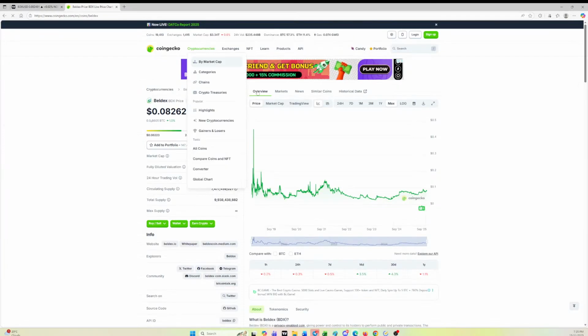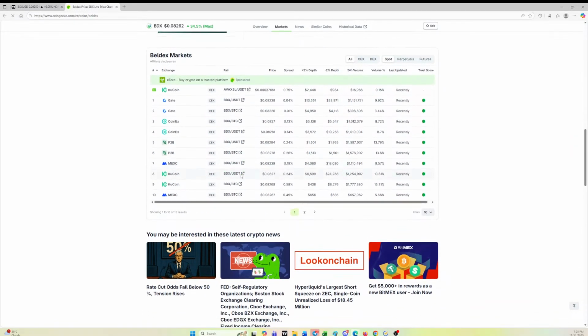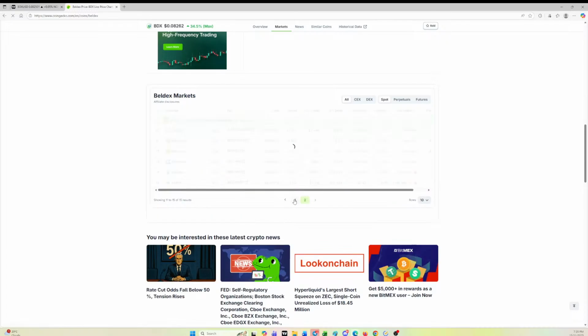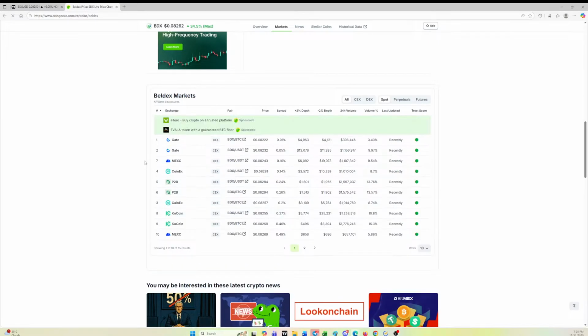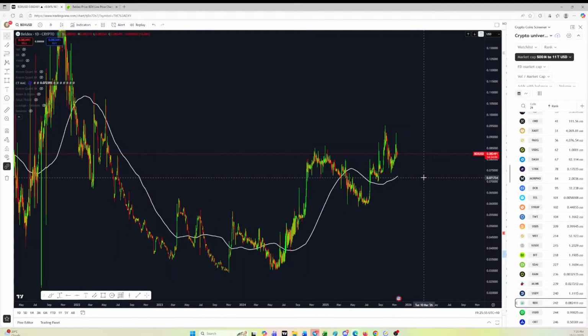Traded where? Markets are Gate.io, KuCoin. Oh, damn. Has anyone still got any money in KuCoin? Alright, risky spot hold, Beldex. Literally the strongest coin in the top 200.